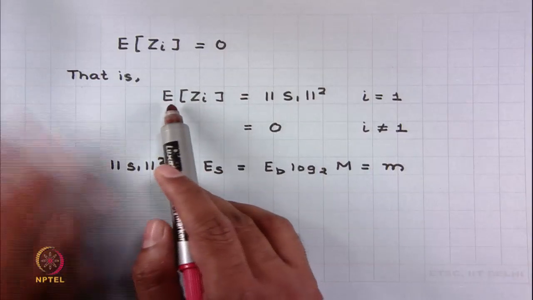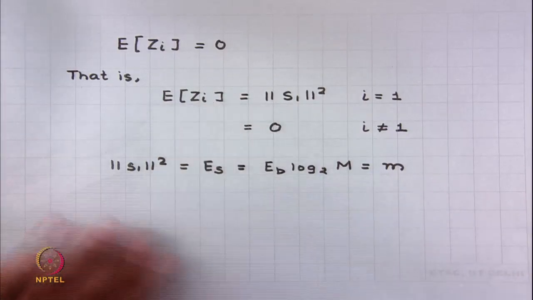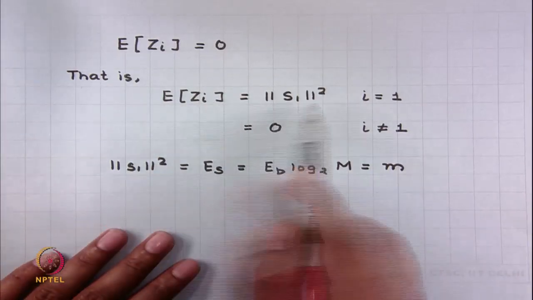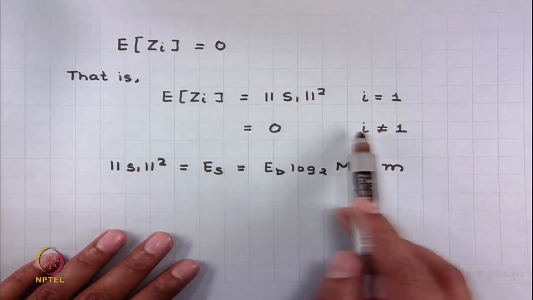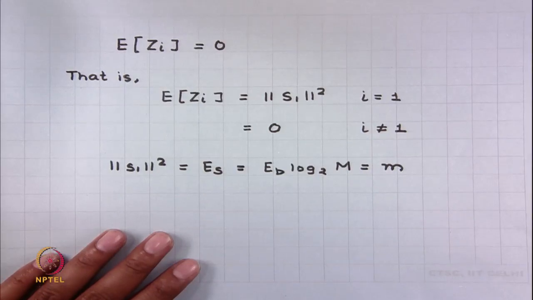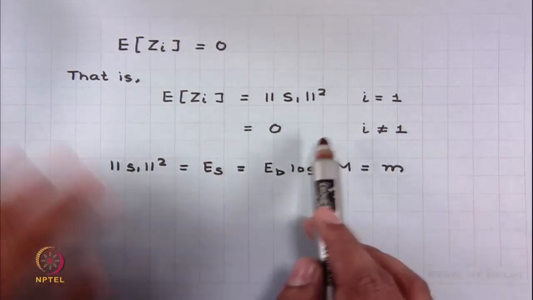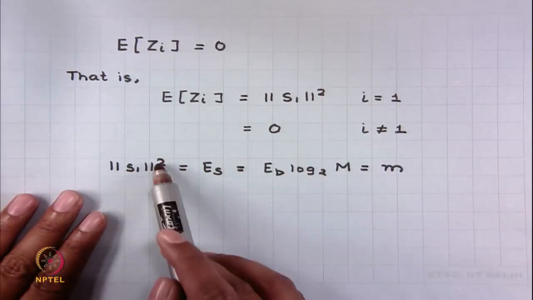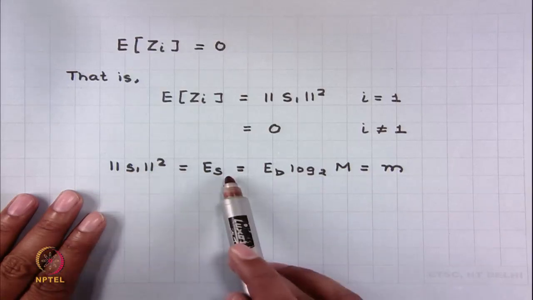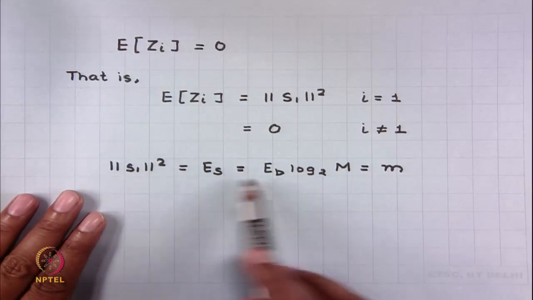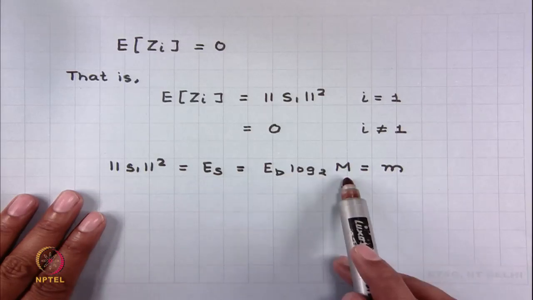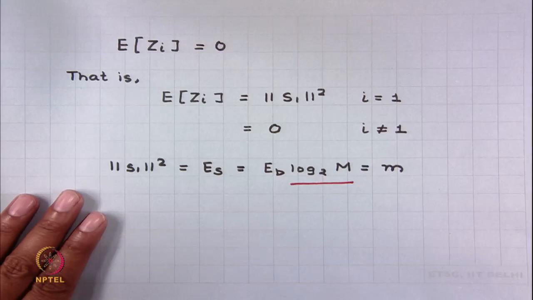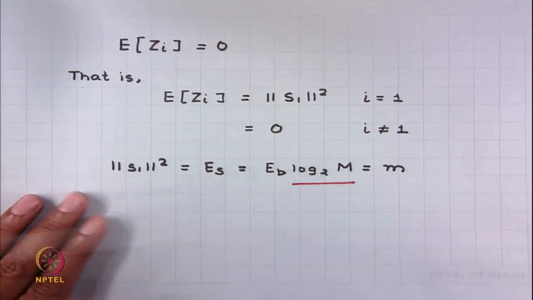In short, we can conclude that the mean of Zi is the energy of a symbol if i is 1, and for all other i's it is simply 0. Also remember, because we will be using this shortly, that the norm square of S1 is Es, the symbol energy, and symbol energy is always bit energy times the number of bits in a symbol, and the number of bits in a symbol is log to the base 2 of M.